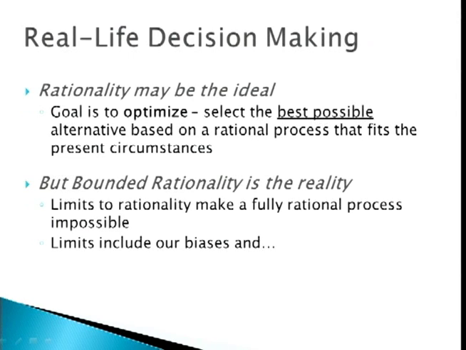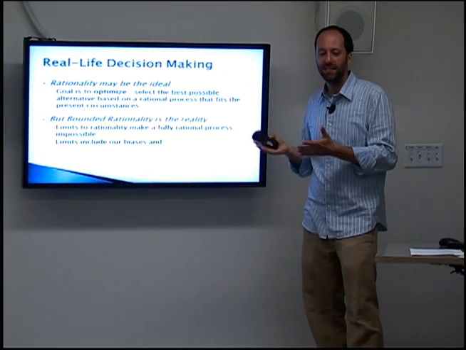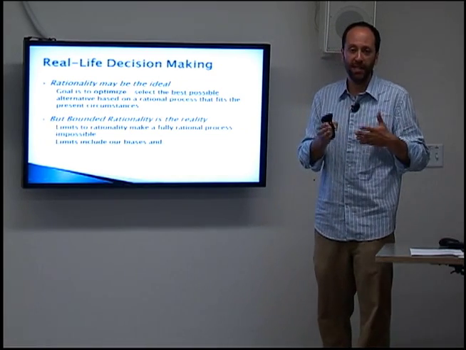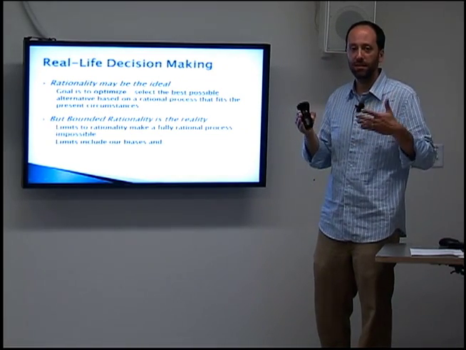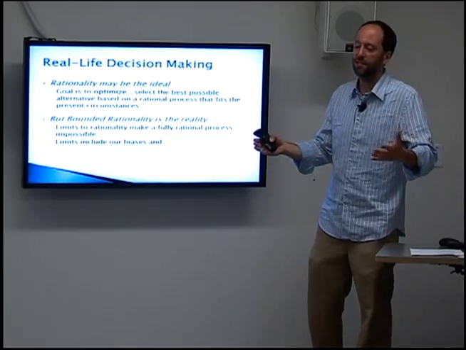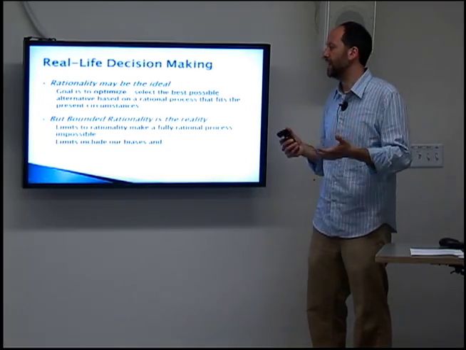The limits to rationality include the biases that we've looked at and others, and there are other basic limits to rationality that just exist as part of the way life works. So again, it's not that bounded rationality is bad, it's just to accept that we operate in a space that's bounded in its rationality. It's not fully, truly rational.